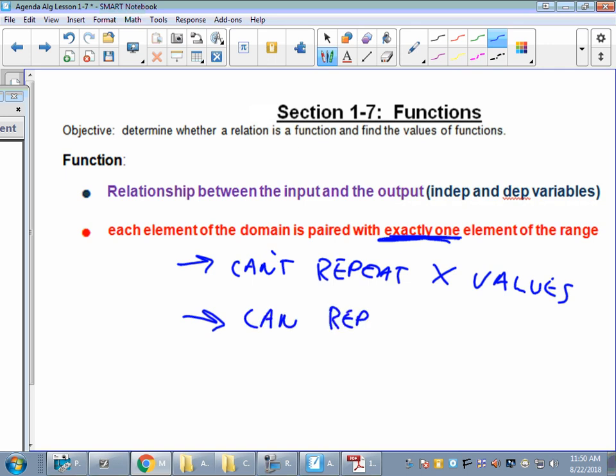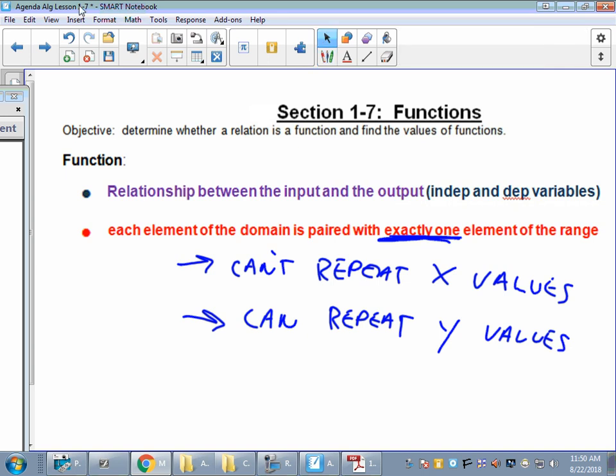So you can't have two x's that are the same, but you can have two y's that are the same. Maybe two different x's end up getting you the same y value. That happens quite a bit. That's okay, but you can't have two x values that are the same. So that's one way to think about it, pairing the domain with exactly one element of the range.